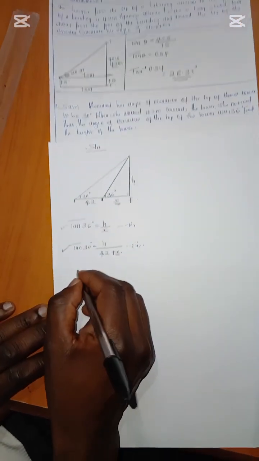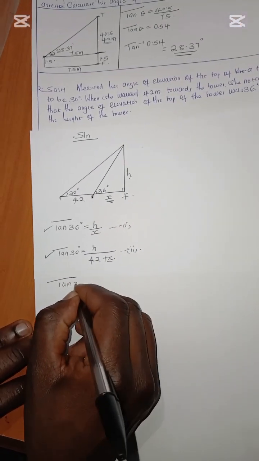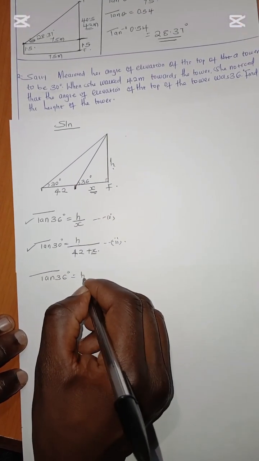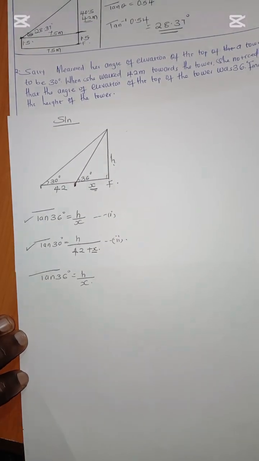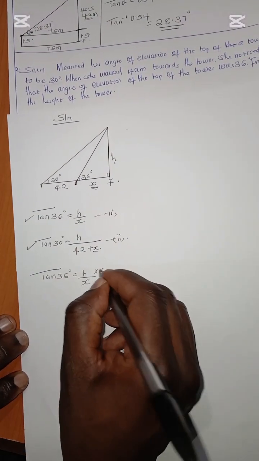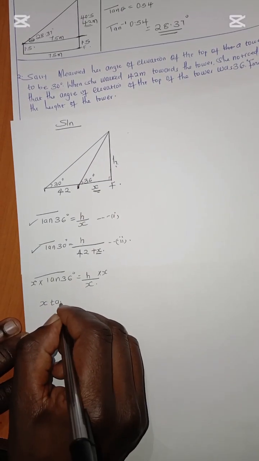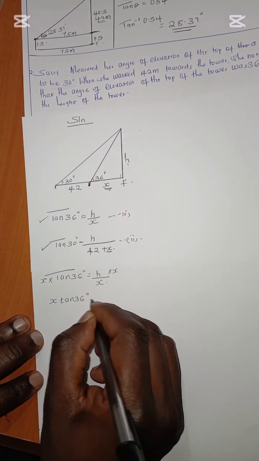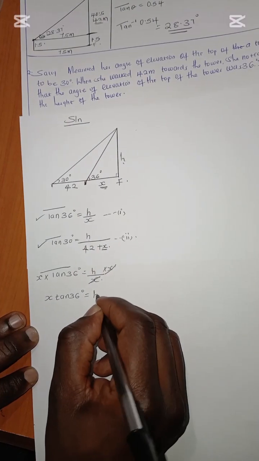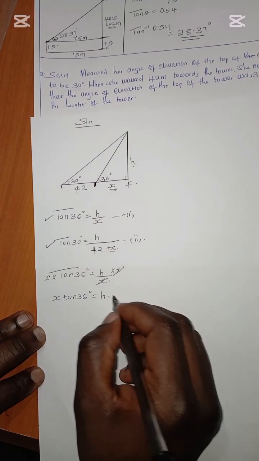We are going to have tan 36 degrees is given by the height all over x. You multiply both sides by x, so you'll have x tan 36 degrees equals height. That is for equation 1.